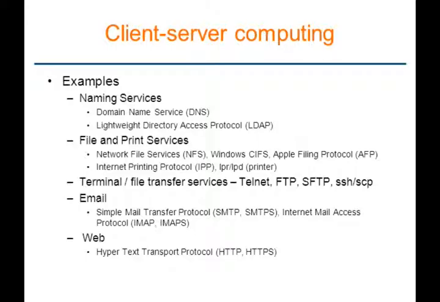Email that we all use every day is an example of client-server programs. When one email server forwards email to another email server, they use a protocol called Simple Mail Transfer Protocol, SMTP, and if that particular protocol uses encrypted payload or encrypted data, then it's called SMTPS.